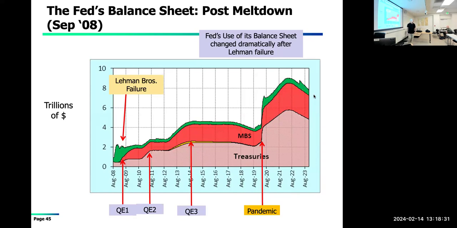So the question is, is this something you should be alarmed at? What this is an illustration of is the following. If one had given a class in, say, 2007 and whispered into economists' ears, by the way, in several years the Federal Reserve is going to be holding $9 trillion of securities in its vaults, what does that mean for inflation?